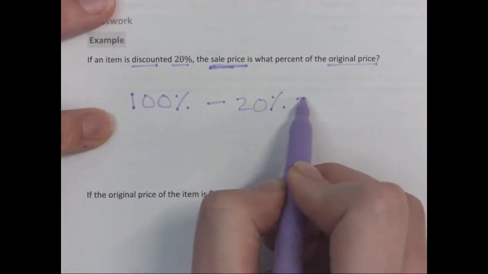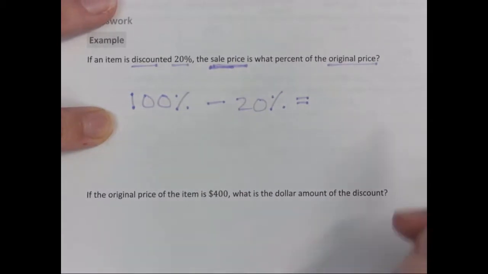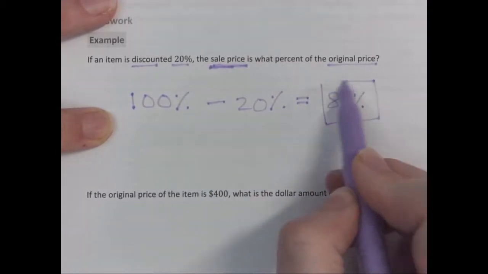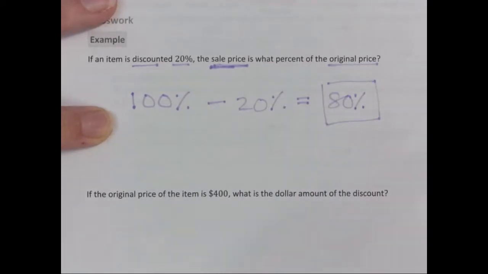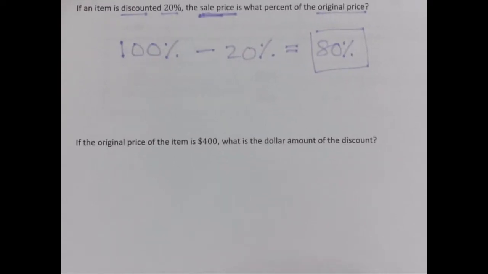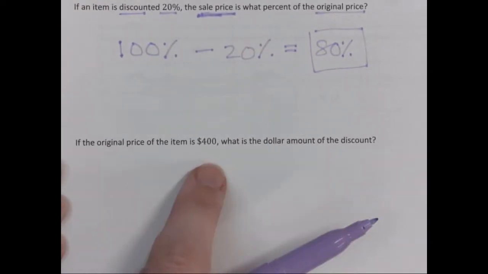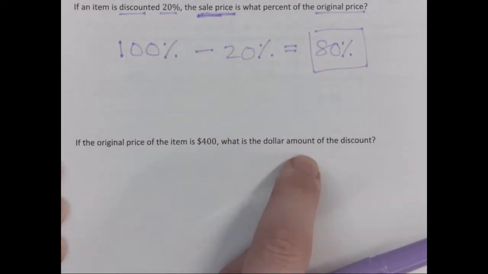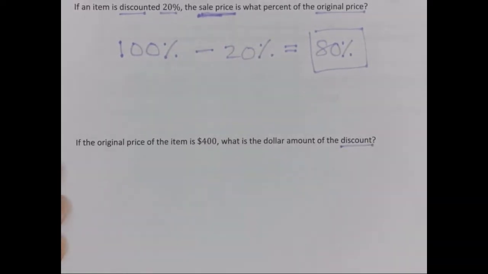Good. And what would I end up paying? 80%. So 80% of the original price is the sale price. So let's use that with an actual example. If the original price of the item is $400, what is the dollar amount of the discount?